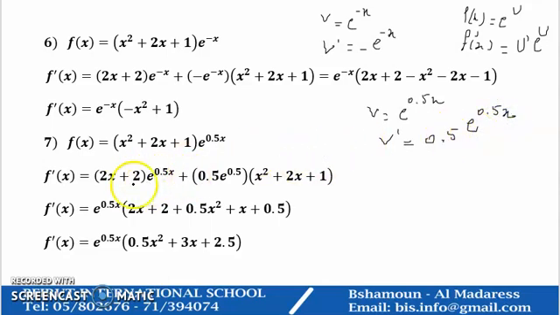F prime of x in this case becomes (2x plus 2) e exponent 0.5x plus the derivative of v, 0.5 e exponent 0.5x, times (x squared plus 2x plus 1). By simplification, we obtain f prime of x equal e exponent 0.5x times (0.5x squared plus 3x plus 2.5).